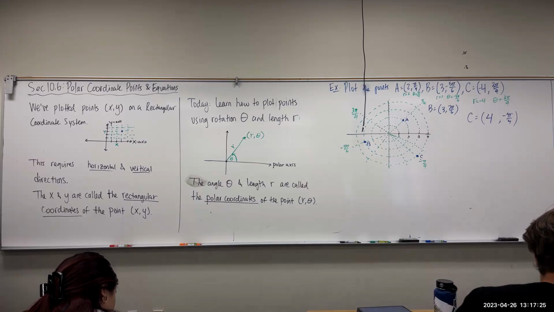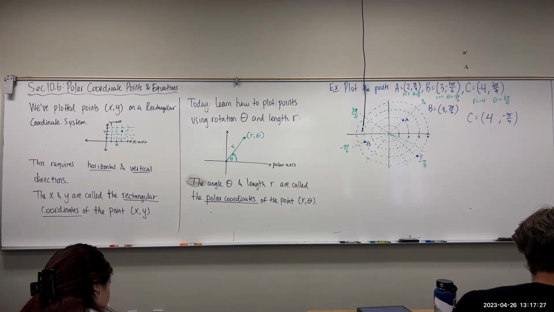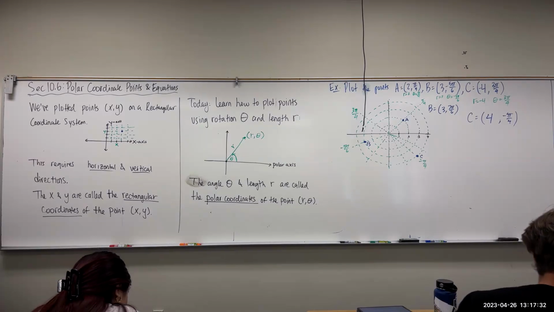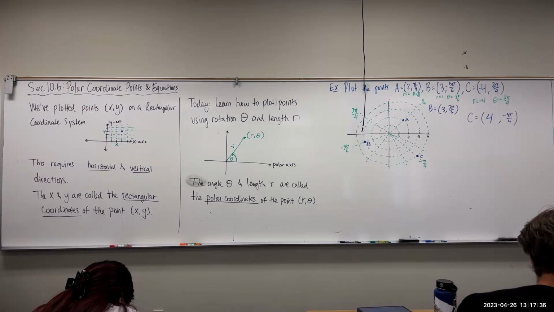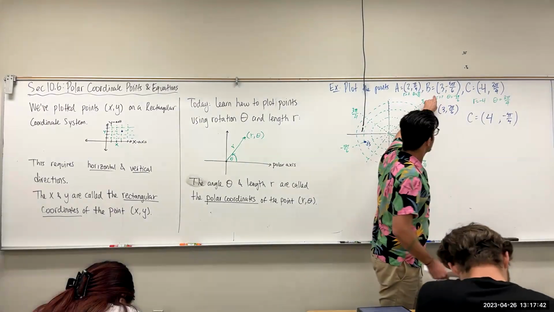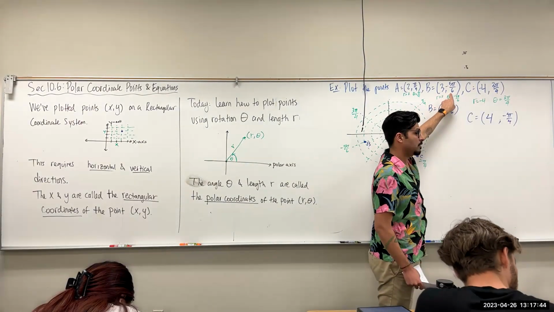It means, what angle makes you go forward? Negative is going the other way. So what would the angle be if you go all the way up? So you see how for point B, the R is positive, but the theta was negative?